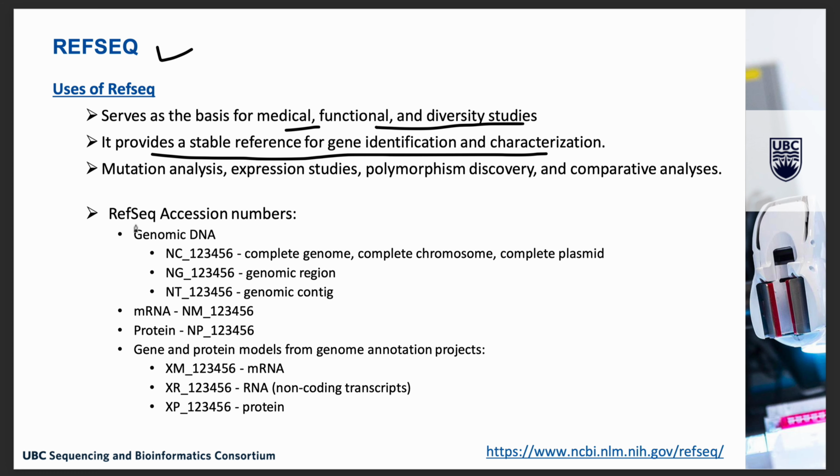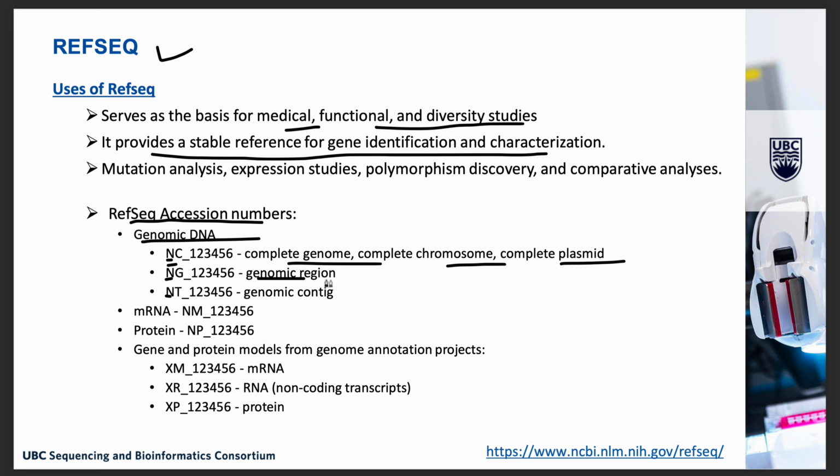Whenever you see any RefSeq accession number, it can be genomic. Whenever it is genomic, it will start with N, and N stands for nucleotide. If this is a complete genome, then it would be NC. NC stands for complete genome, complete chromosome, or complete plasmid, and similarly NG.